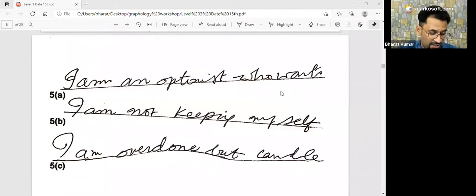But if baseline is variable, so last one, 5C, there is 100% variation in the baseline. Baseline is continuously up and down. In that case, you will say the person is having highly fluctuating personality, highly fluctuating mind, or highly fluctuating thought process. Nothing is fixed.